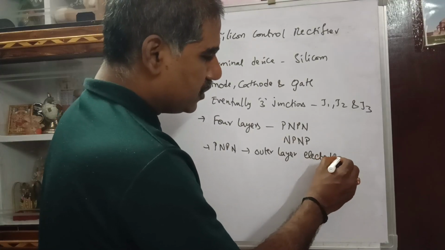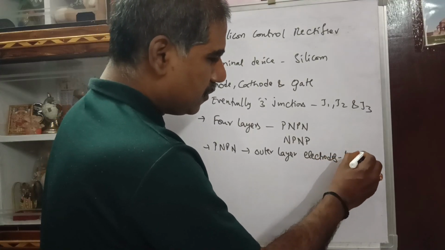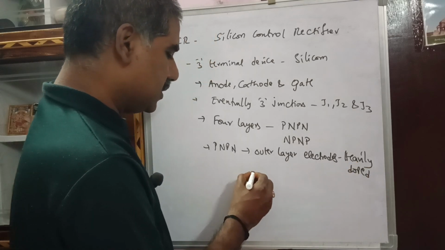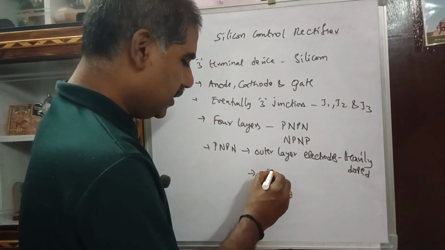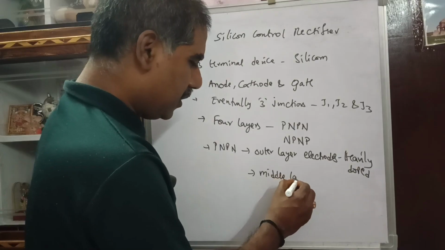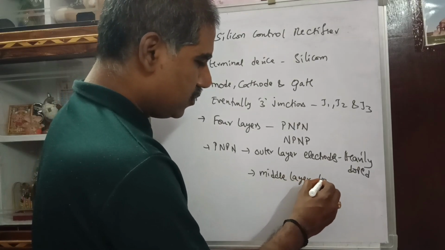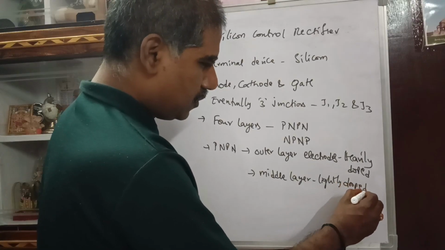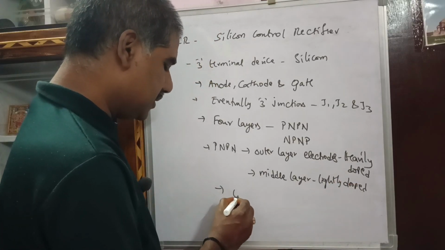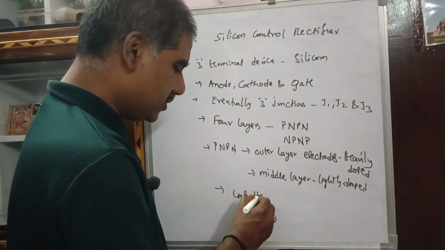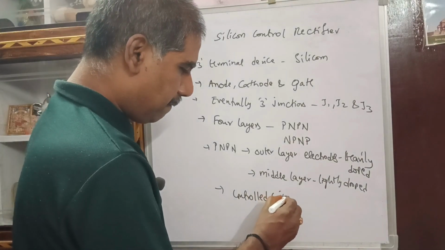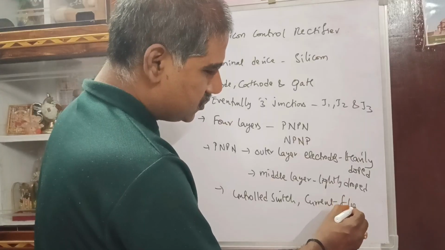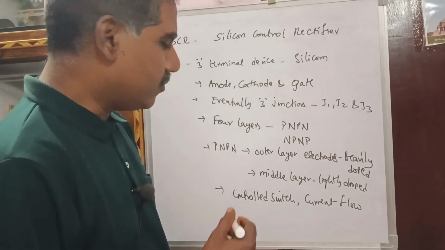whereas the middle layers or electrodes are lightly doped. It mainly acts as a control switch, used to allow the flow of current.